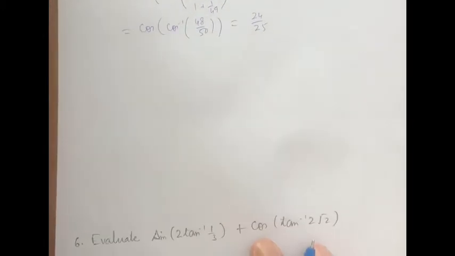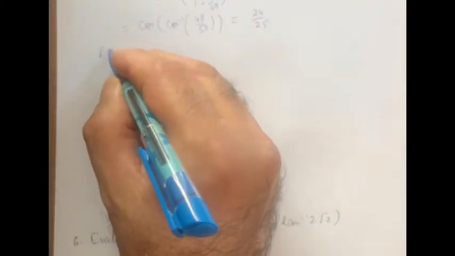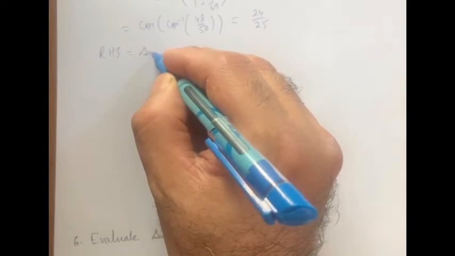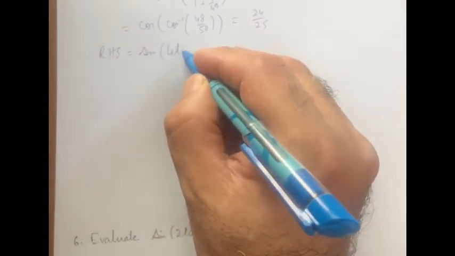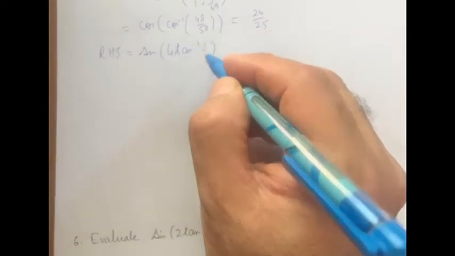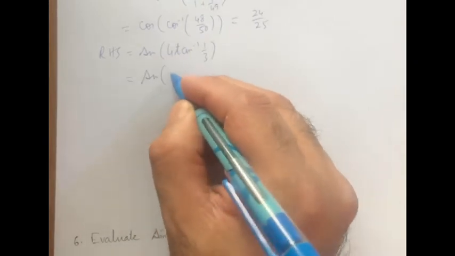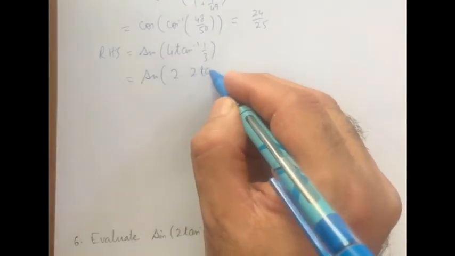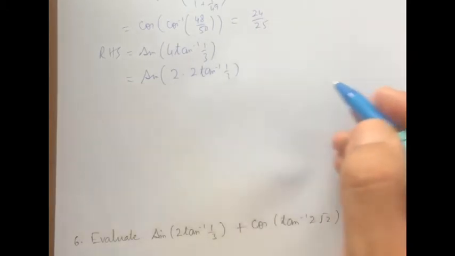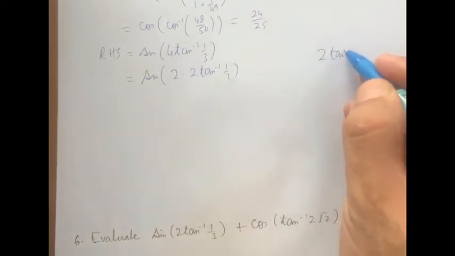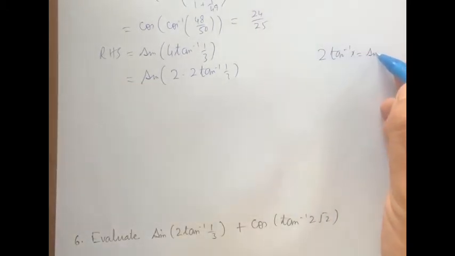Similarly, we find out the right hand side. This is sin of 4 tan inverse of 1 by 3. This is sin of 2 into 2 tan inverse of 1 by 3, and 2 tan inverse of x is sin inverse of 2x upon 1 plus x square.